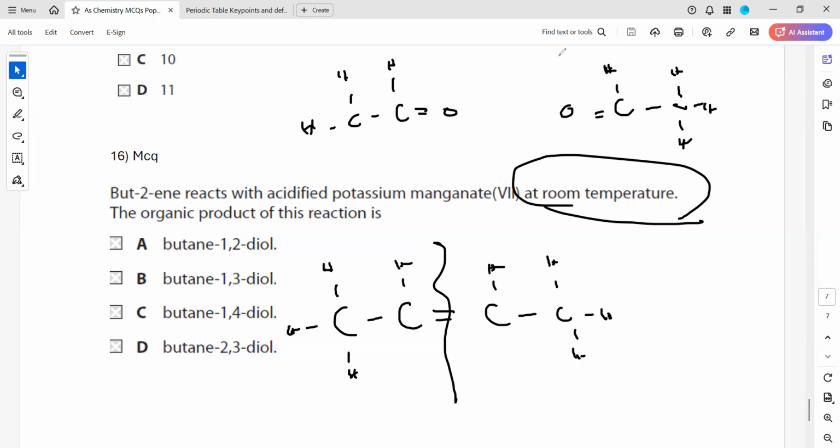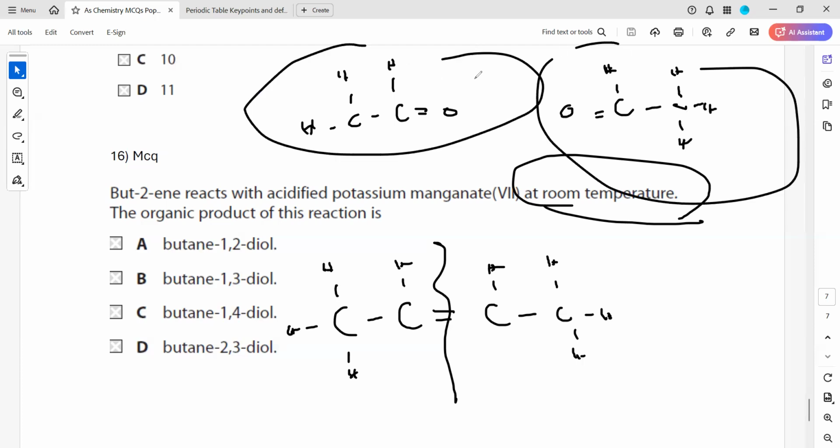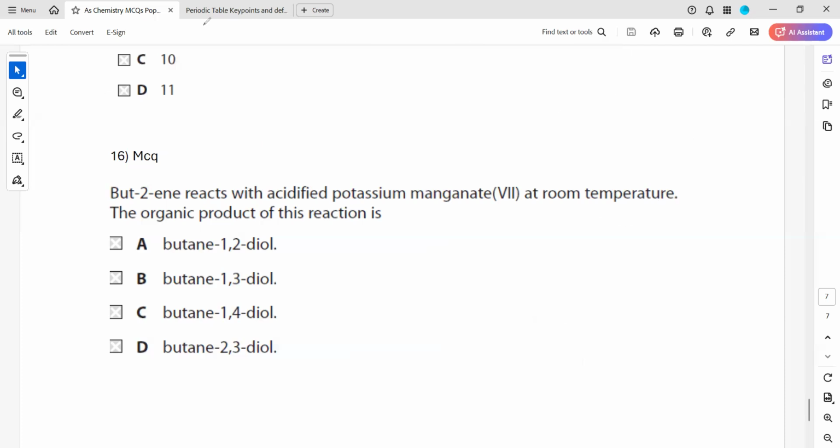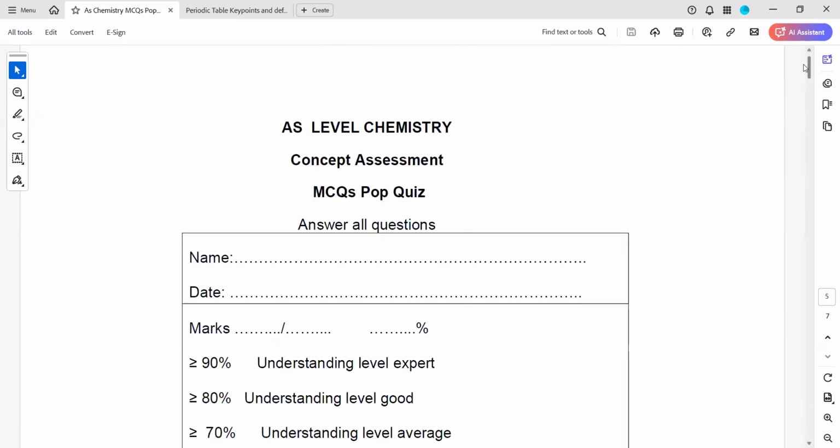So this will be the product. But at room temperature with potassium manganate(VII), it does not break down. Oxidation happens, but a diol is formed rather than the breakdown. It's a 4 carbon compound, but it breaks down with hot acidified concentrated potassium manganate.